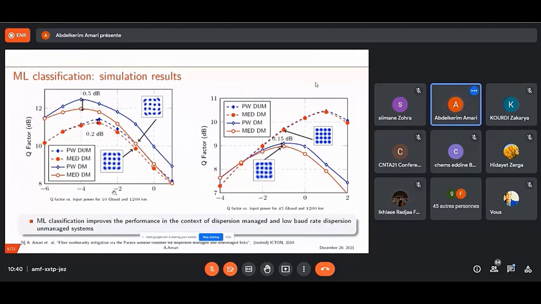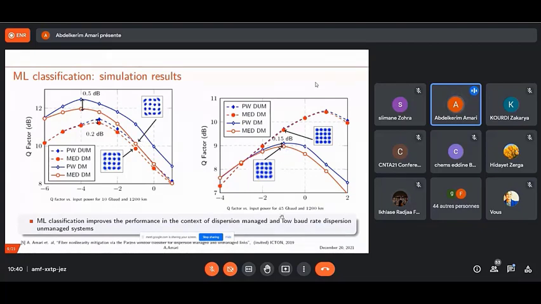So we consider 10 gigabaud symbol rate and 1200 kilometers. For dispersion unmanaged, we have a performance improvement of 0.2 dB at optimal input power in terms of Q factor, and a 0.5 higher gain for the dispersion managed with DCF fiber.